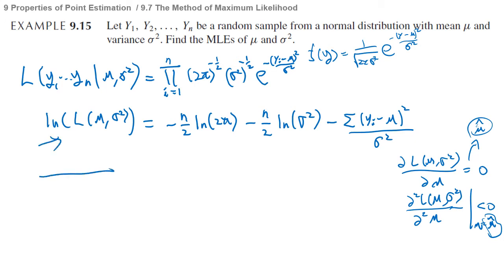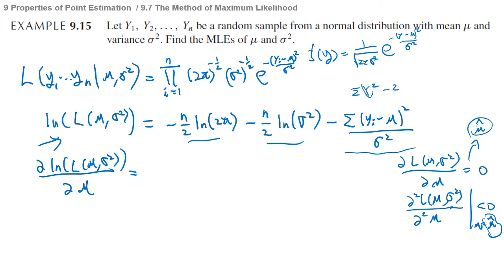So the derivative of ln L of mu, sigma square with respect to mu: these terms do not depend on mu, and this one only depends on mu, and it is the sum of yi squared minus 2 mu yi plus mu squared.